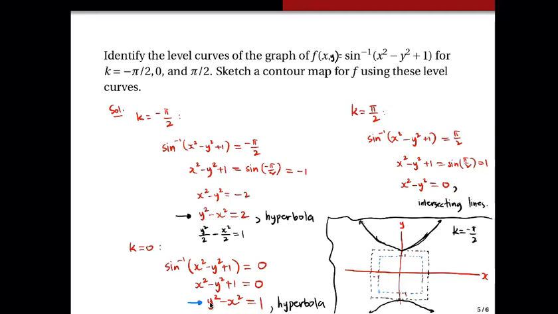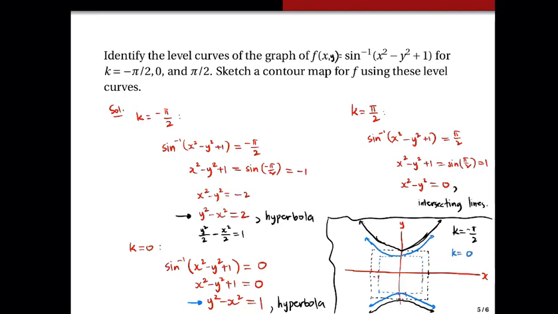So same orientation as in the black guy here. But you will have the hyperbola that will look something like this. And then you will have something like this. Okay, so the blue guy, it's k equals 0.